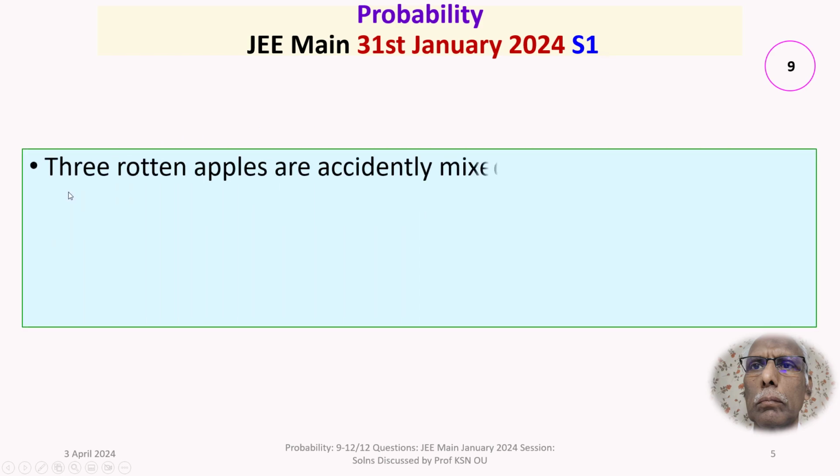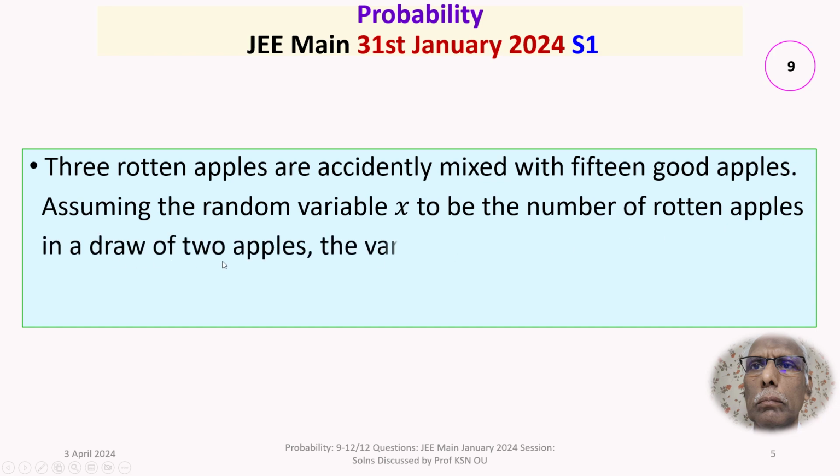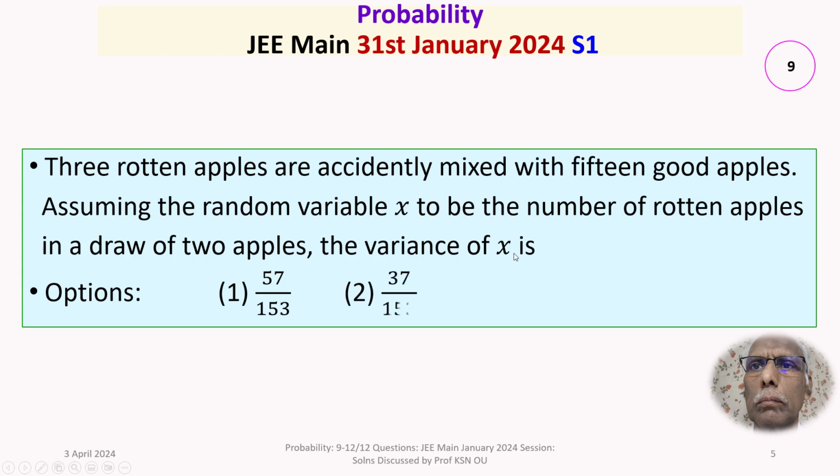The given question is: 3 rotten apples are accidentally mixed with 15 good apples. Assuming the random variable x to be the number of rotten apples in a draw of 2 apples, the variance of x is, and we are given 4 options.